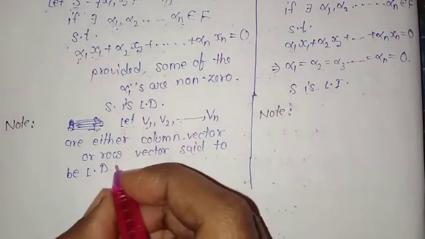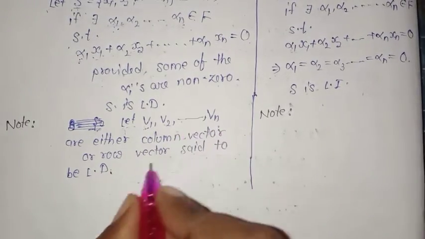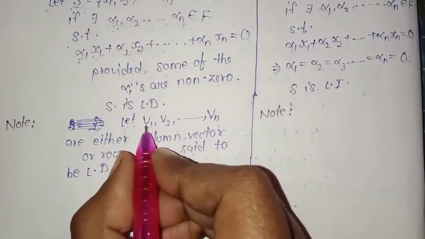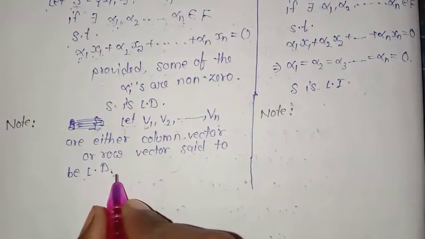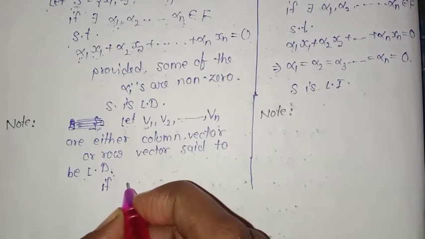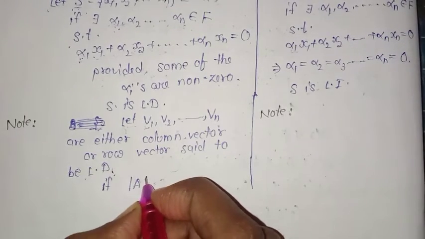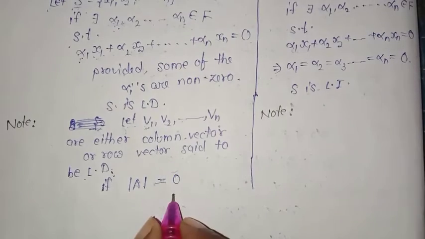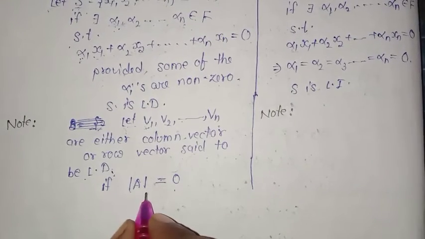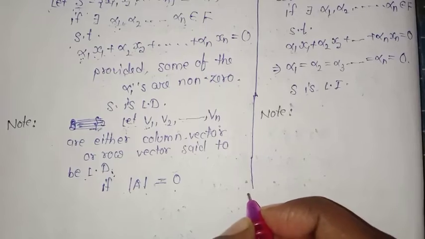We will make a matrix of all these vectors, and we will say that this set of column vectors or row vectors is LD if the determinant of the matrix formed with the help of these vectors is equal to 0.